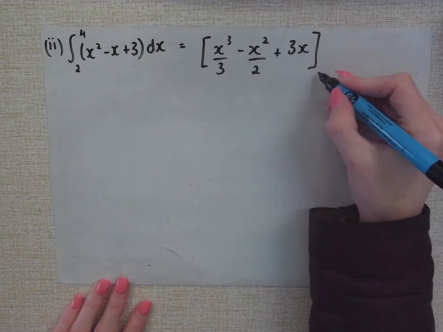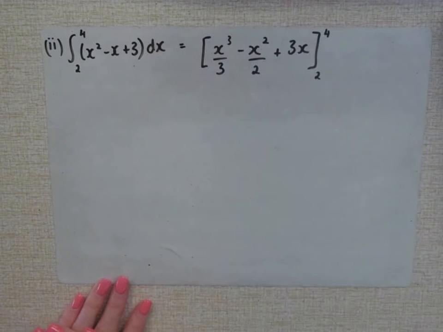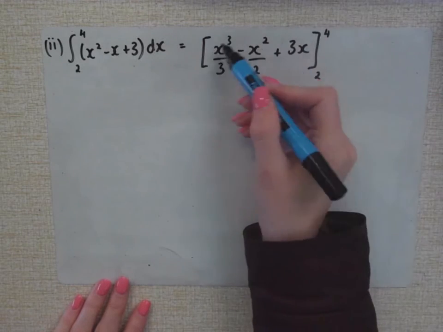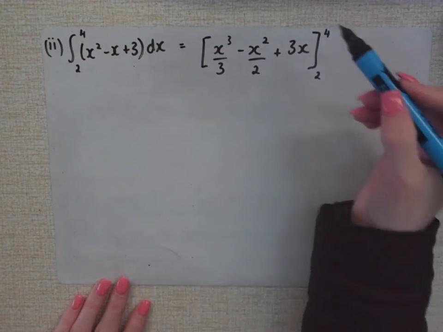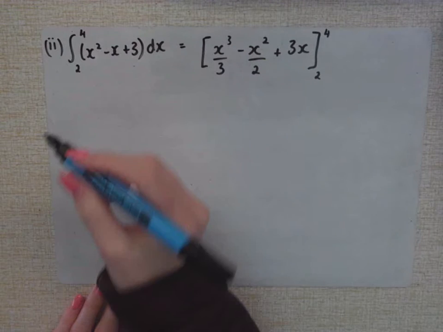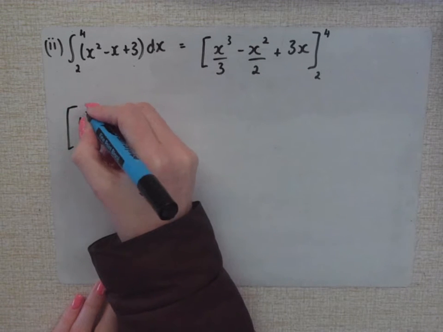Okay, now this is going from 2 to 4. So what you're going to do is fill in your 4 instead of x, and you're going to take away your 2 instead of x. So fill in 4 first.